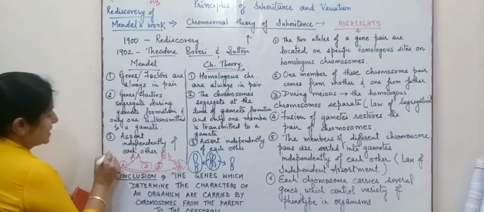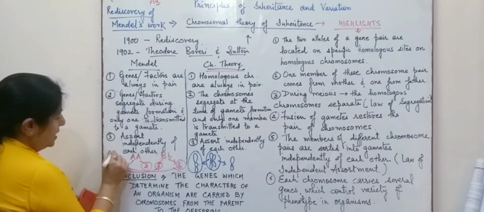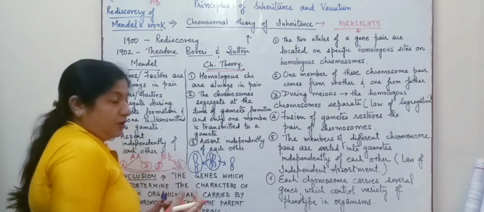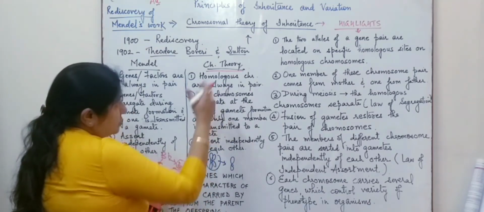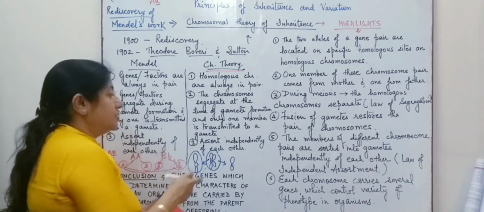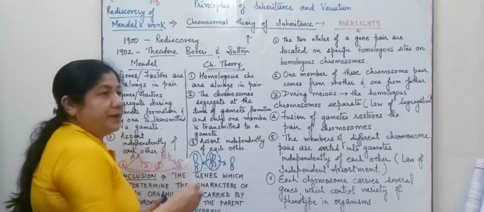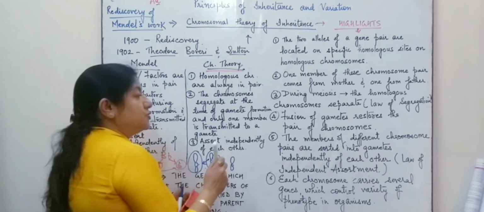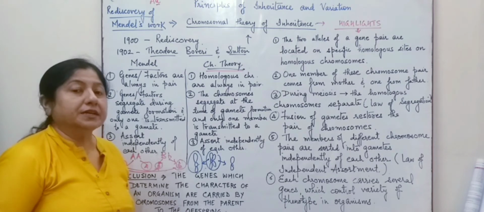So the possibility can be A and B, and A and small b. So the assortment is independent. The same process was suggested by the chromosomal theory, that during gamete formation, the chromosomes assort independently of each other. This is according to the law of independent assortment.